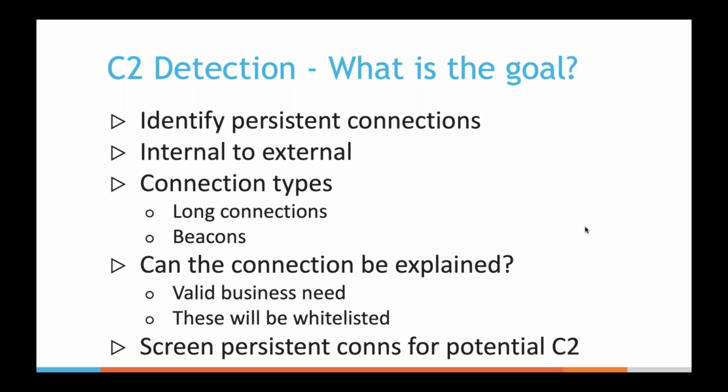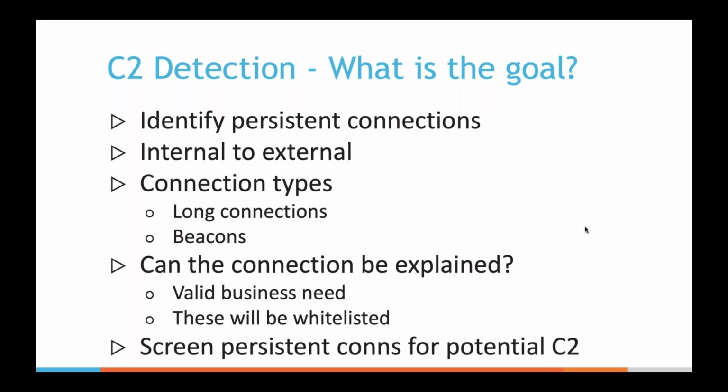It's taking place not just during work hours, it's happening all the time, or it might even look like it has business hours, but it's calling out every half hour. There's some sort of pattern to the communications between that internal system and that system out on the internet.